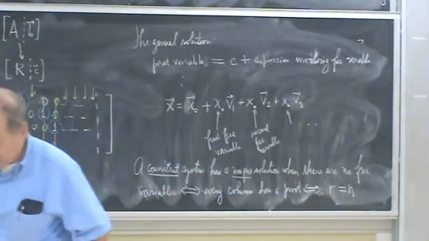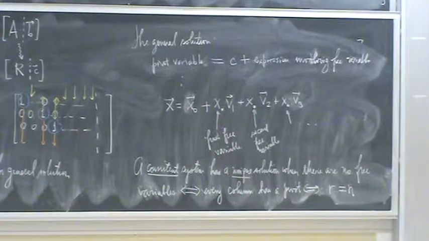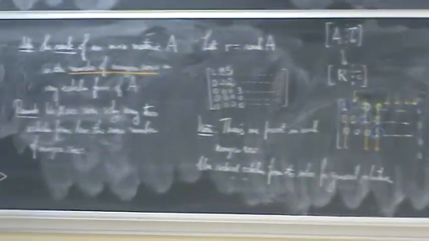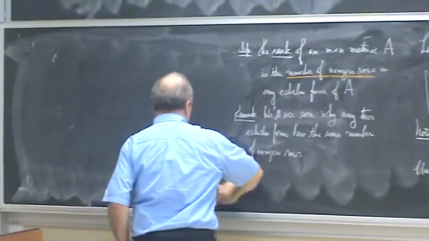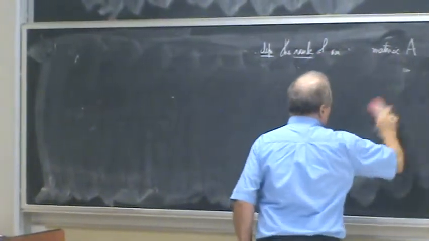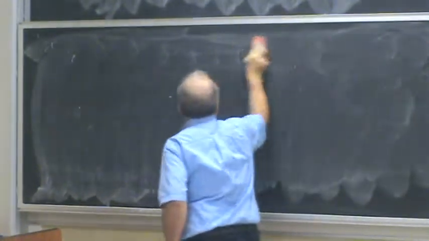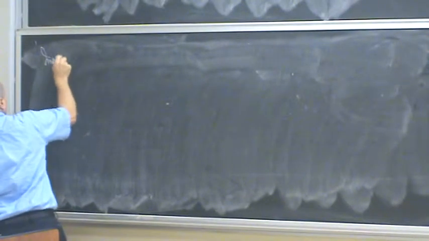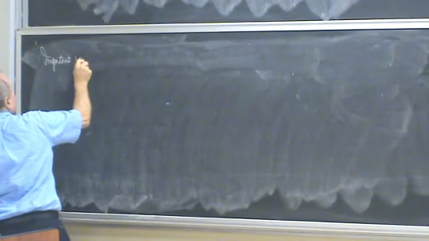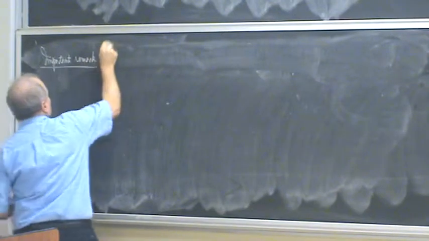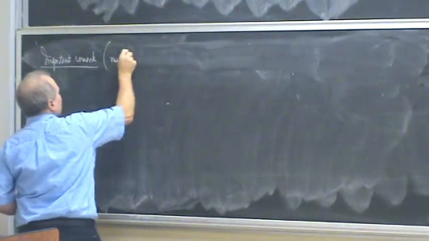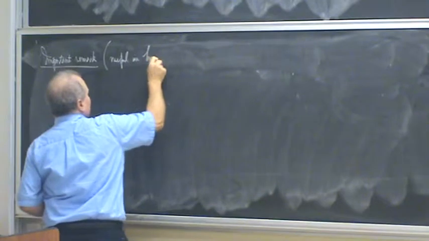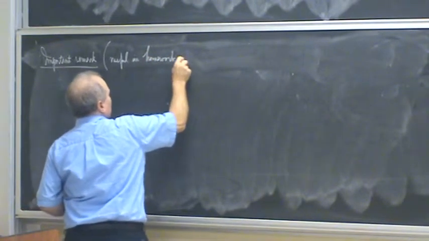However, a very useful criterion for deciding if a matrix, a square matrix, is non-singular, or in fact more generally. So here's an important remark. Let's say useful in homework and exams.